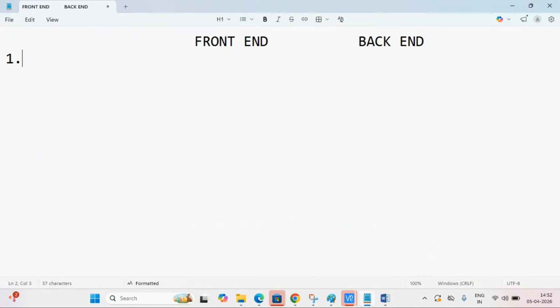So in the VLSI industry, these are the two domains, but there is a segregation. We have a digital domain, we have an analog domain.